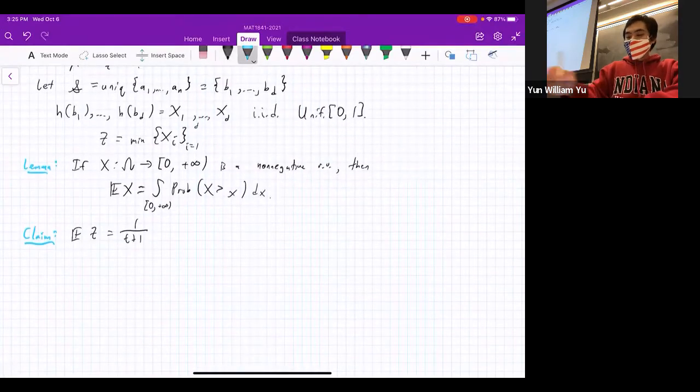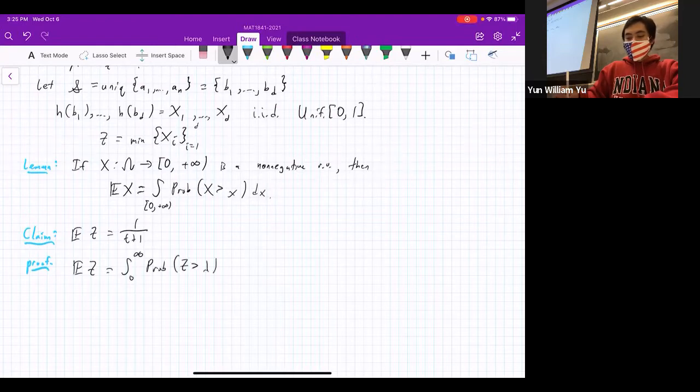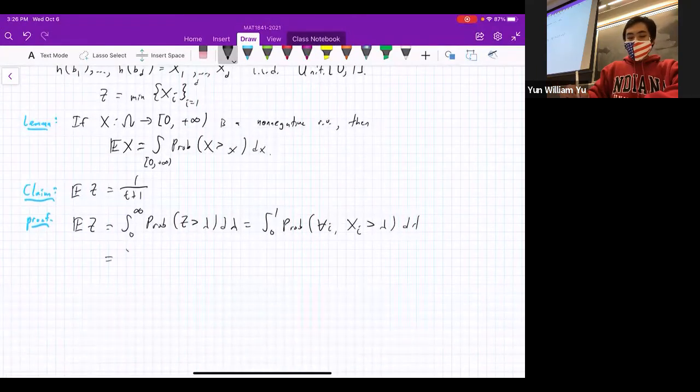And how do we prove this? By integration. We know that the expectation of z is equal to the integral from 0 to infinity of the probability that z is greater than lambda, d lambda, which is equal to the integral from 0 to 1 of the probability that for all i, x_i is greater than lambda, d lambda. Well, these are all independent, so we can just multiply together all these probabilities.